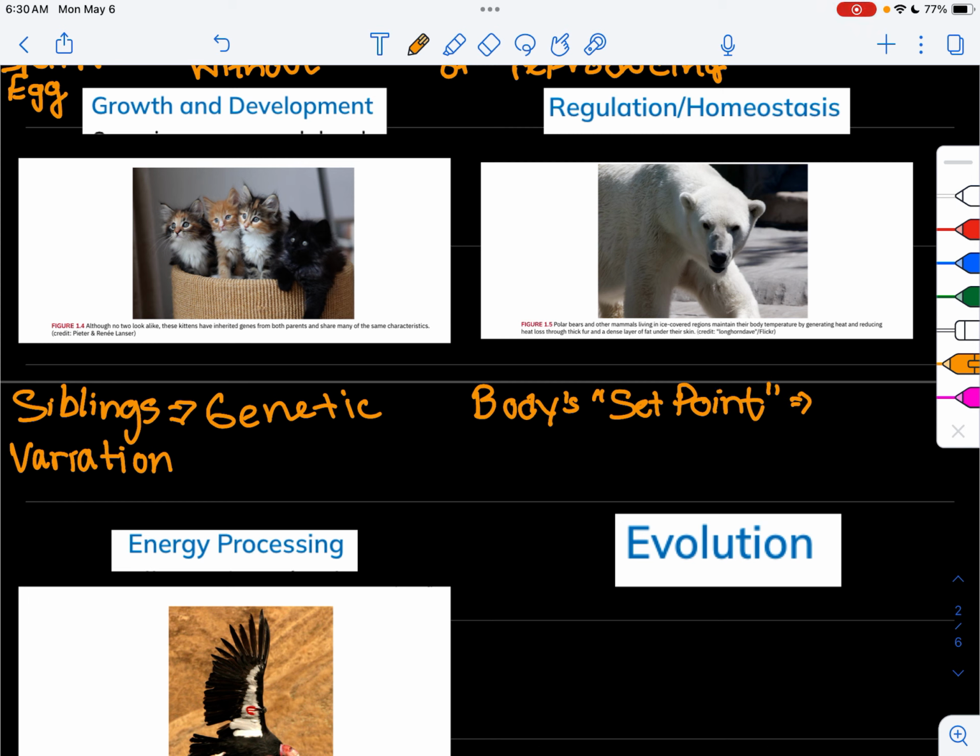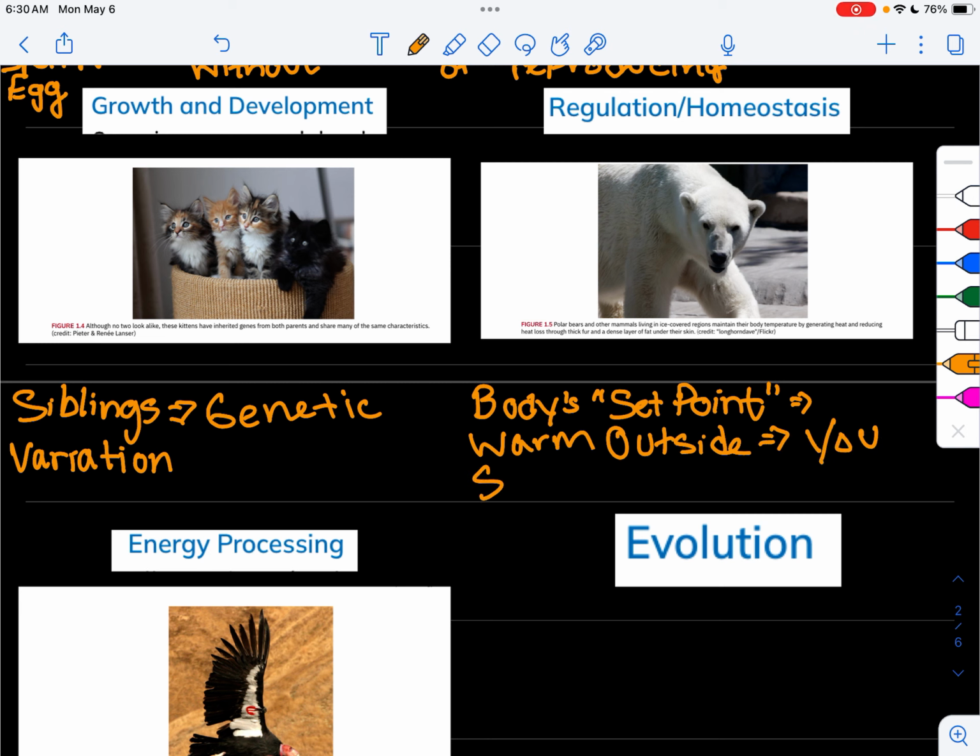Let's use an example with us. Let's say you step outside and it's May and it's getting a little bit warmer, okay? You step outside and it's about 75 degrees. You weren't expecting it. What do you do to cool off? Yes, you sweat. Absolutely.